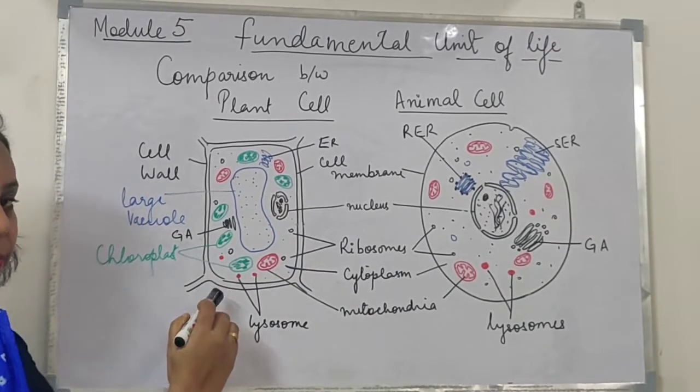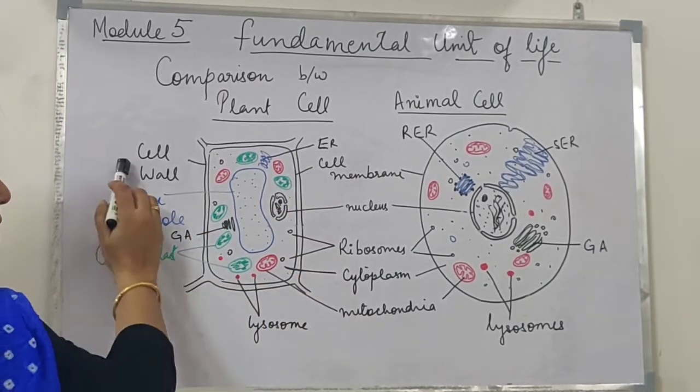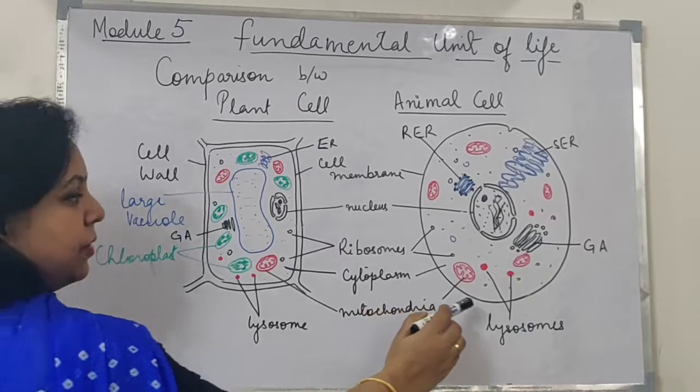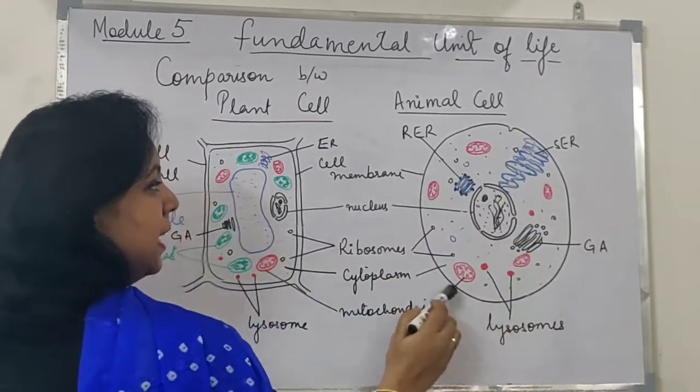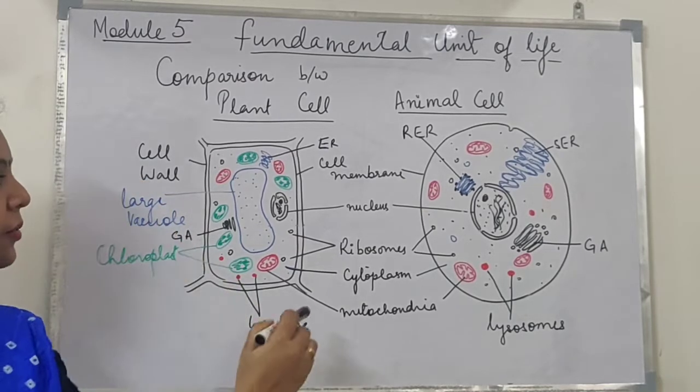If you see the plant cell, I have given one extra layer, which is the cell wall. However, in animal cell, it is the cell membrane. So, this is the first difference.